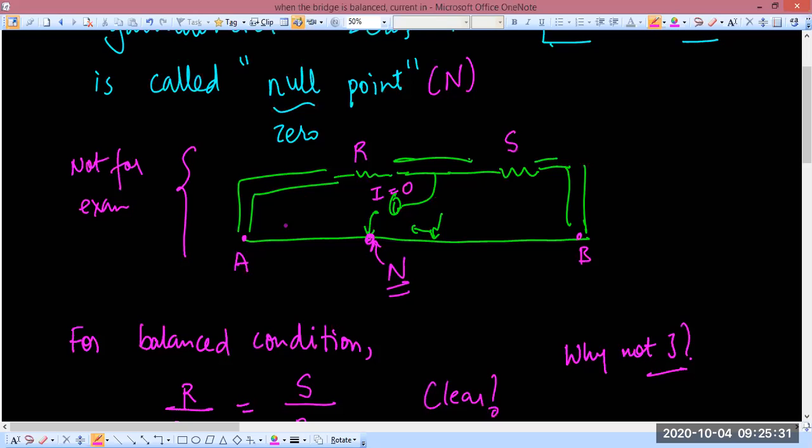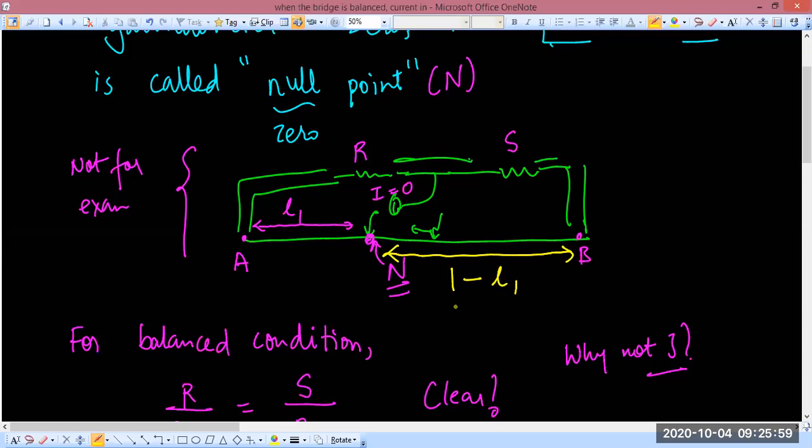So from here to here, the null point is at L1. Clear? Okay? Let null point be at length L1 from A. So I hope all of you realize that this remaining length is going to be 1 minus L1.